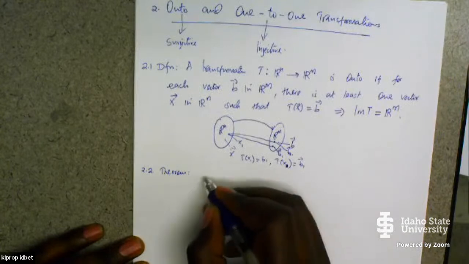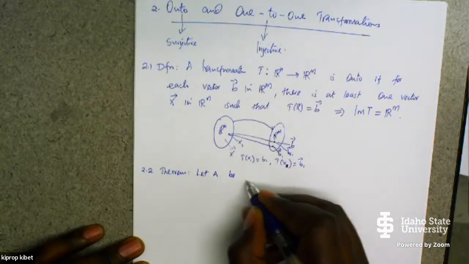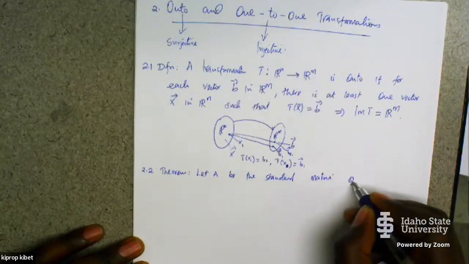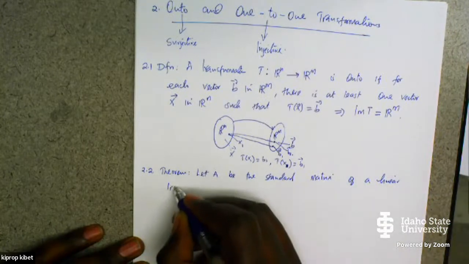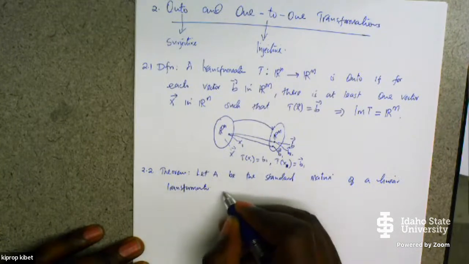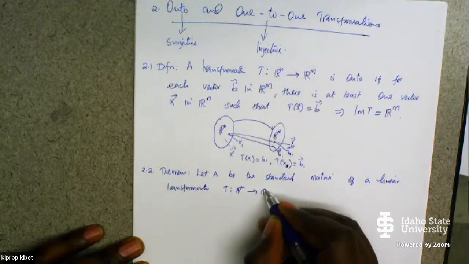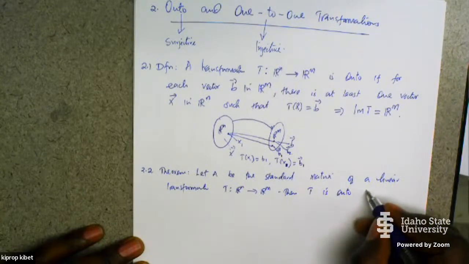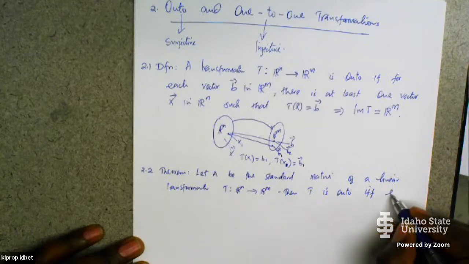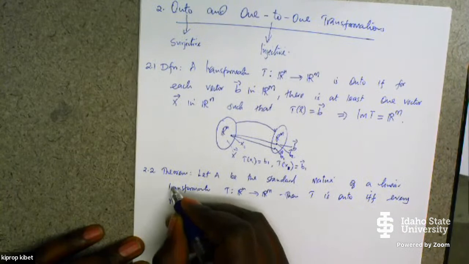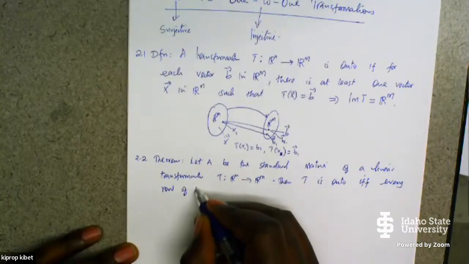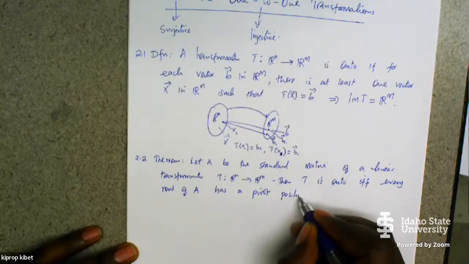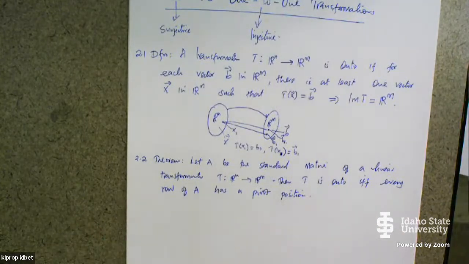If we let A be the standard matrix of a linear transformation T from Rn all the way to Rm, then T is onto if and only if every row of A has a pivot position.